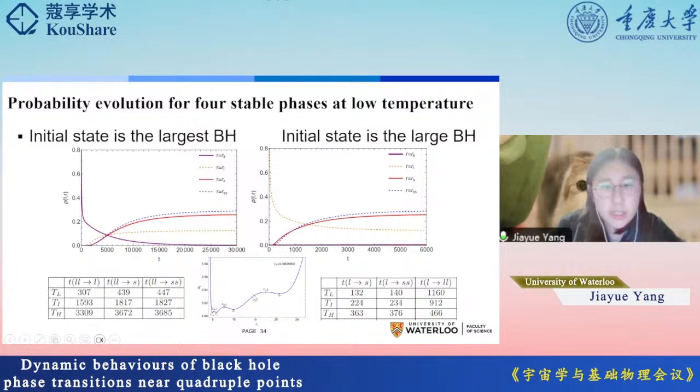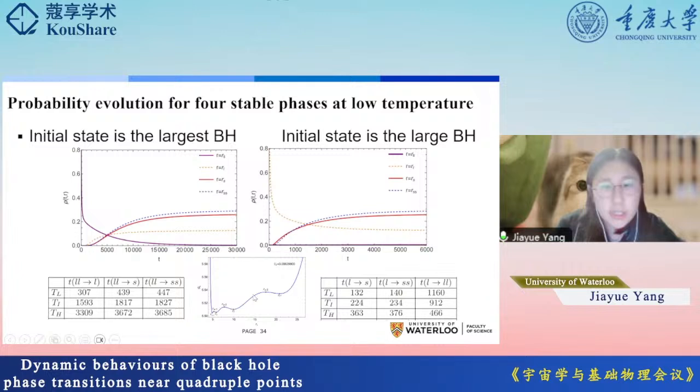The four stable phases have different probability distributions. The blue one, the smallest black hole, has the highest probability, and the largest one, the purple curve, has the lowest probability.